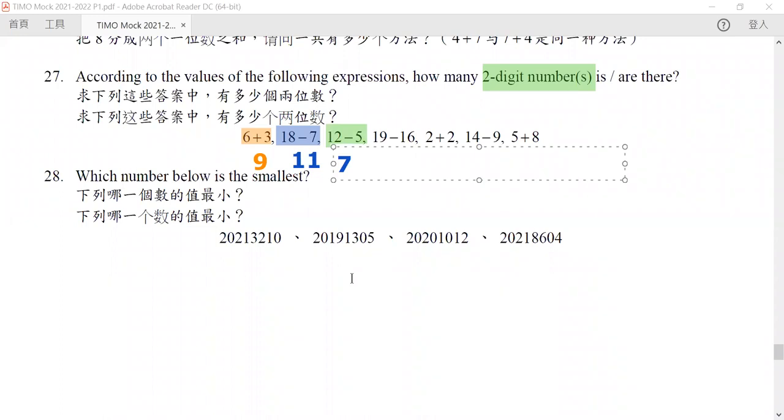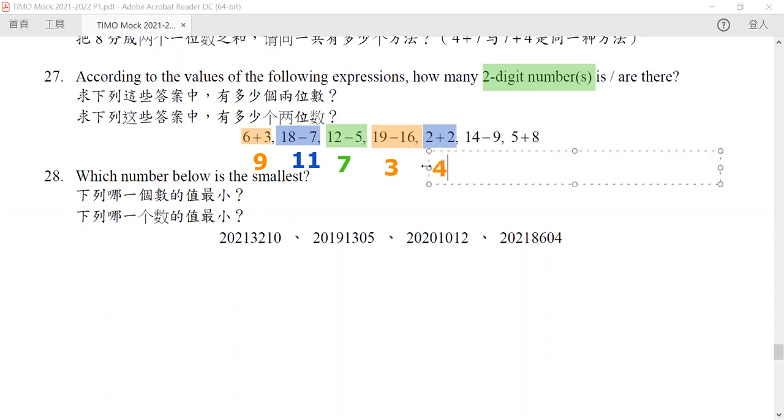For our next number, 19 minus 16, the answer will be 3. And for our next number, 2 plus 2, our answer will be 4.